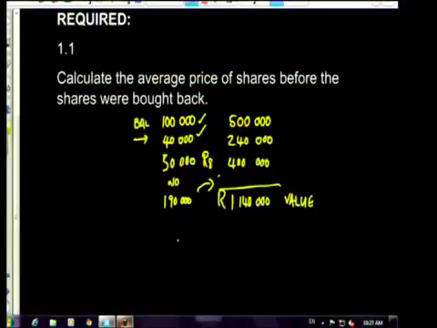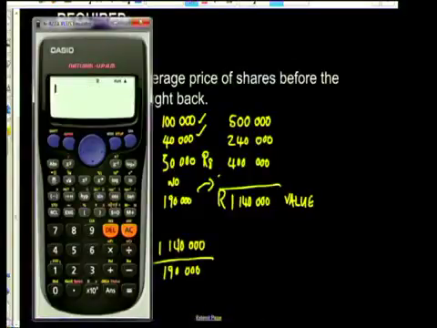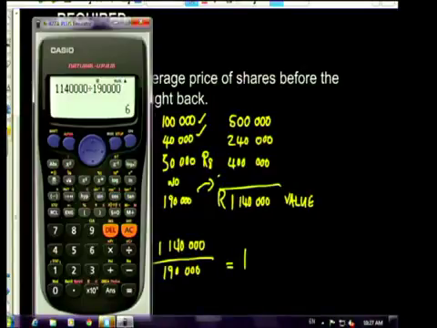Okay, so obviously, what are we now going to do? This is what we're going to do. We're going to say, take the value of my shares, which is 1,140,000, divided by the number of shares, which is 190,000, and 1,140,000 divided by 190,000 will give me a value of 6 Rand.